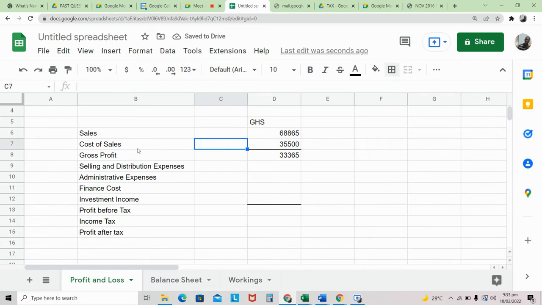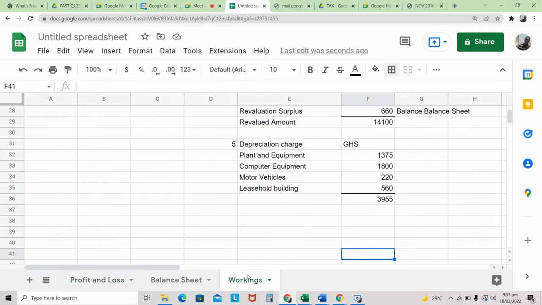Some companies add depreciation to cost of sales. Some companies also add it to administrative expenses, or they leave it as a separate line item. So whatever method you use is okay. You can add it to cost of sale. You can't add it to selling and distribution expenses, but you can add it to administrative expenses, or you can leave it as a line item.